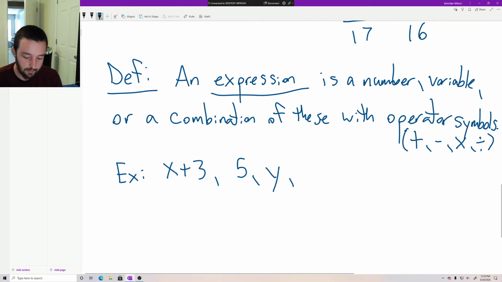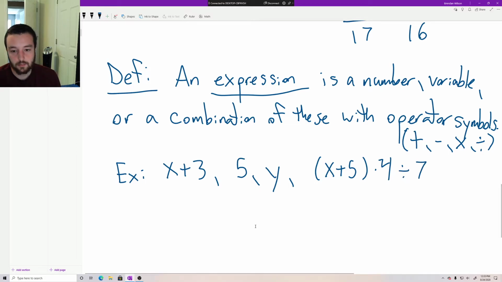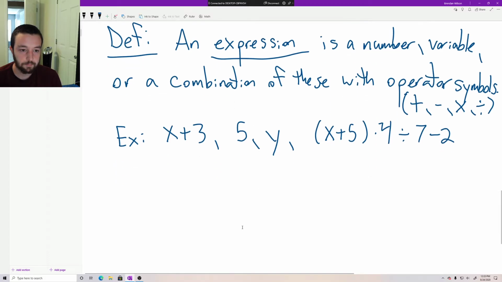We could have a lot of different things. We could have x plus 5 times 4 divided by 7. Okay. Minus 2. Like we could just keep going with it. All of these would be expressions.